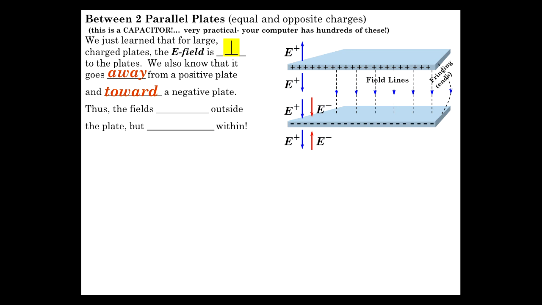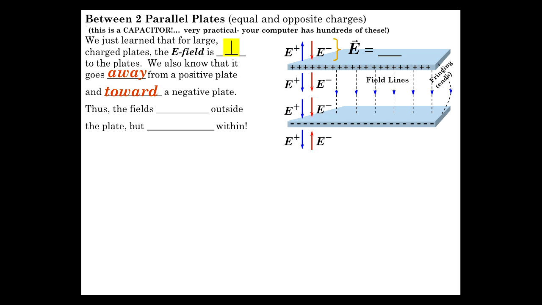And the E field from this plate being negative is of this size toward the plate here, and over here it's going to be the same thing again, because the E field is constant no matter how far away from the plate you get. And then on the other side of the positive plate, it's likewise still the same size. So there's a good representation of the E fields at the different locations from the two plates.